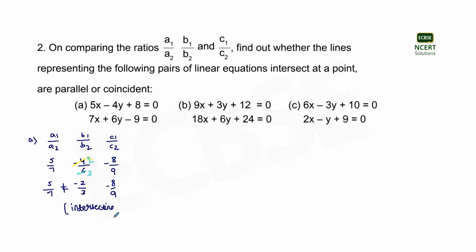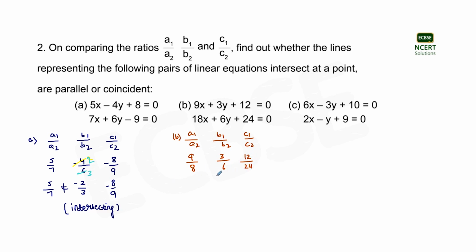Now coming to part B, comparing these linear equations with the standard form and finding the ratios a1 by a2, b1 by b2 and c1 by c2. The ratio a1 by a2 is equal to 9 by 18, b1 by b2 is 3 by 6, and c1 by c2 is 12 by 24.